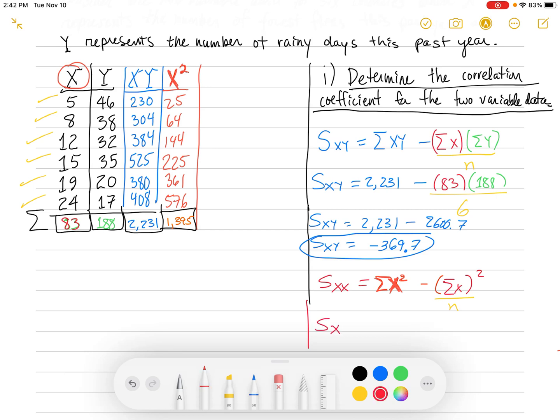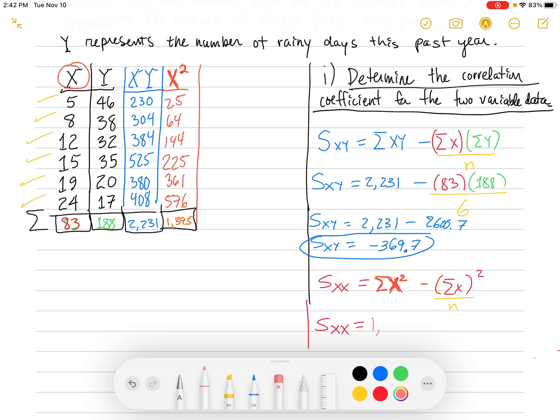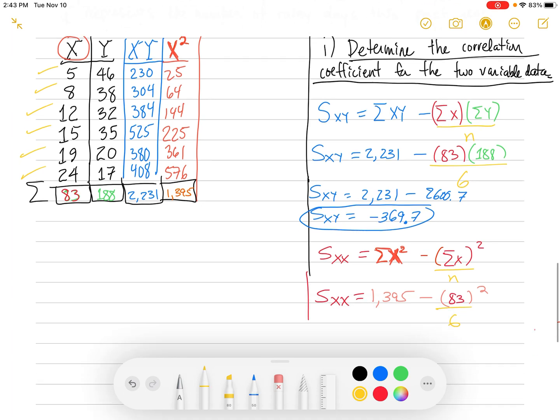Okay, so when I'm finding SXX, I'm going to take the sum of the x squares, which we just calculated, 1,395, minus the sum of the x's, which was 83. We're going to square that and divide by n, which is 6.